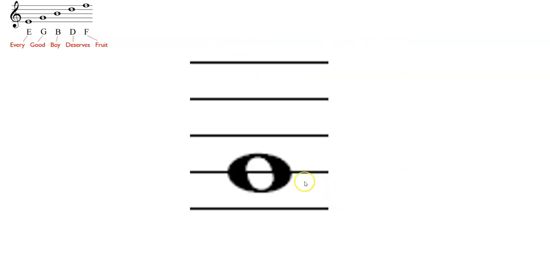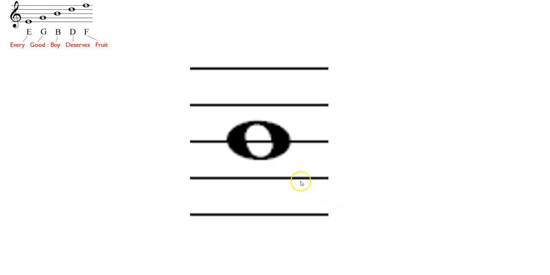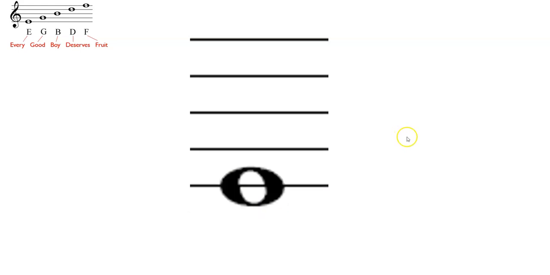Every Good, so it's G. Every Good Boy, so that's a B. E for Every. Every Good Boy Deserves. Okay, cool. So now we've had an example of all of those letters. Let's lose the guide and see if you can get these right.